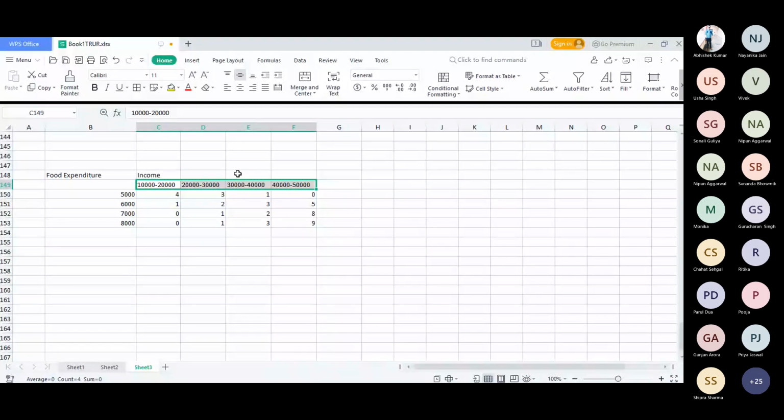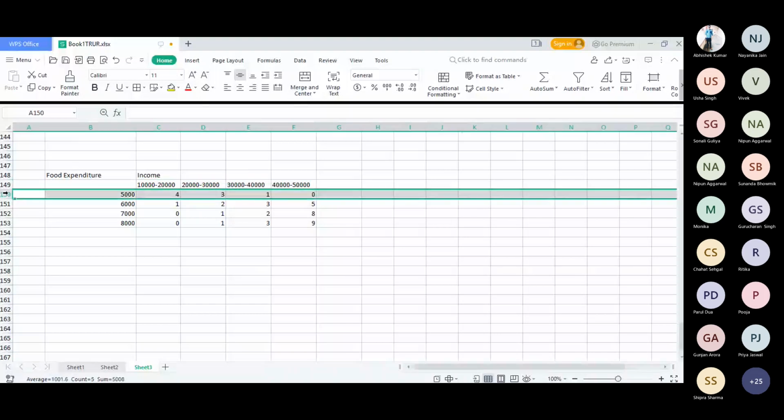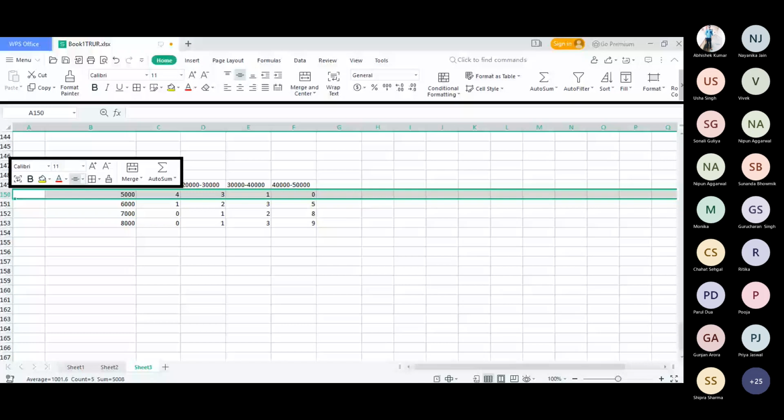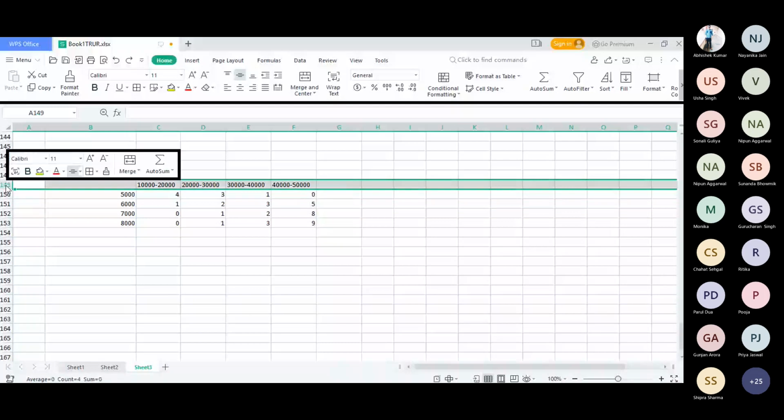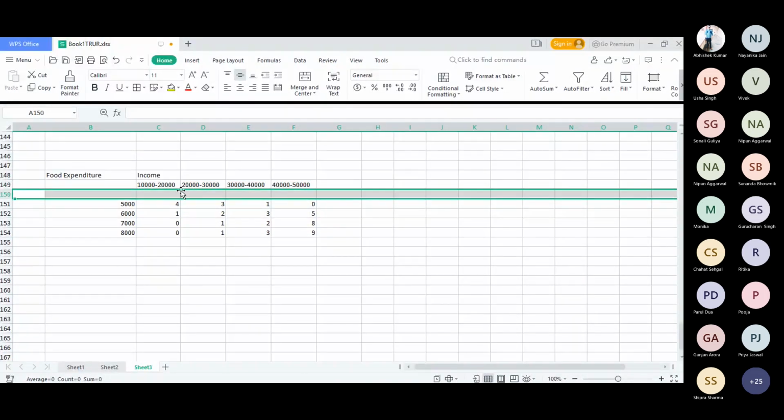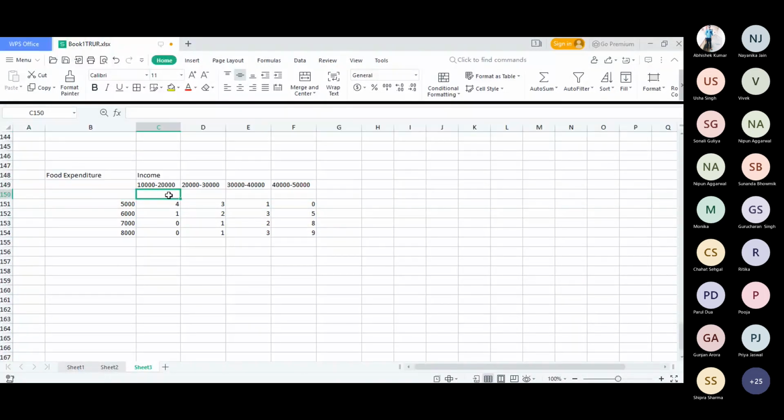For further steps we have to take the midpoint of the same. So let's take the midpoint. For 10,000 to 20,000, 10 plus 20 is 30, 30 by 2 is 15,000.